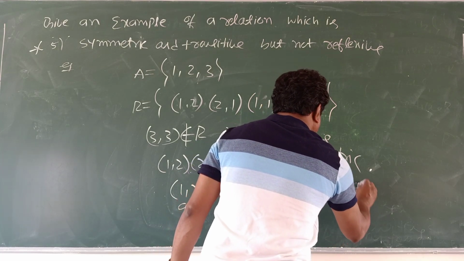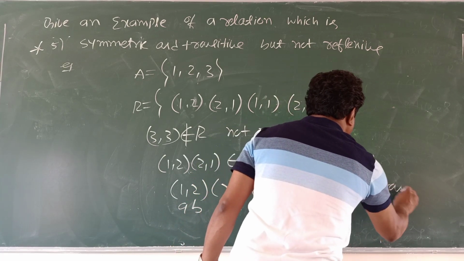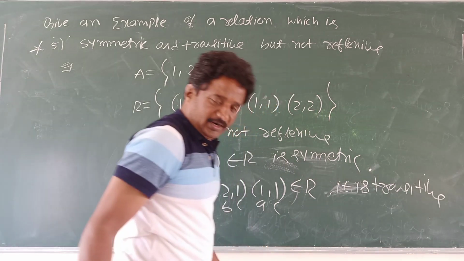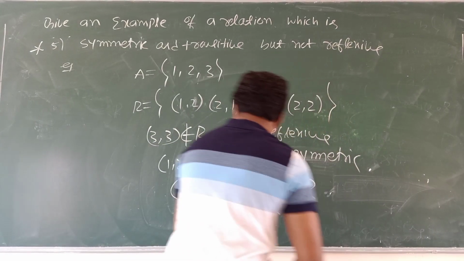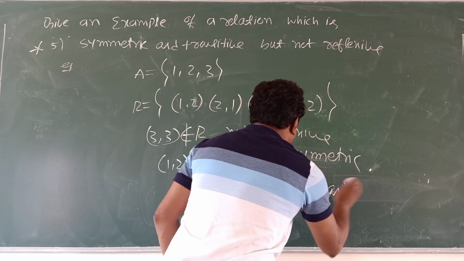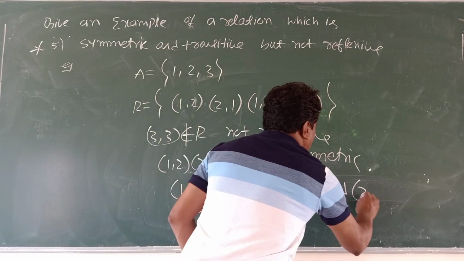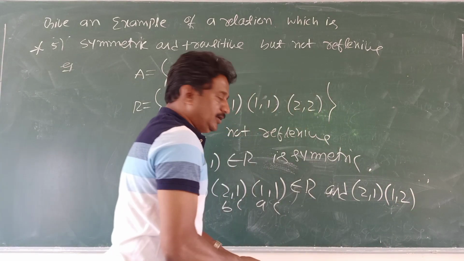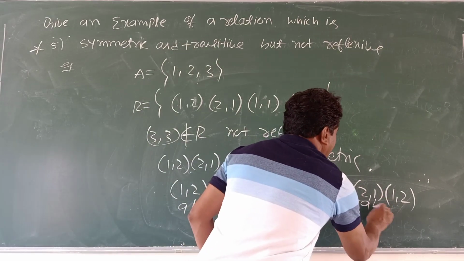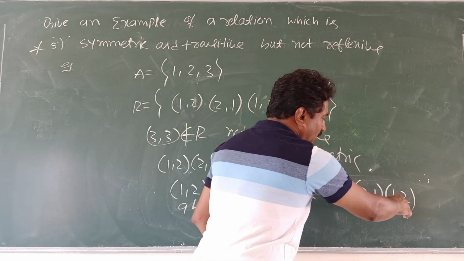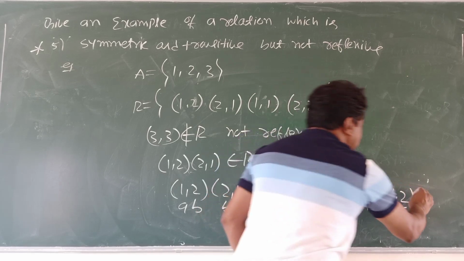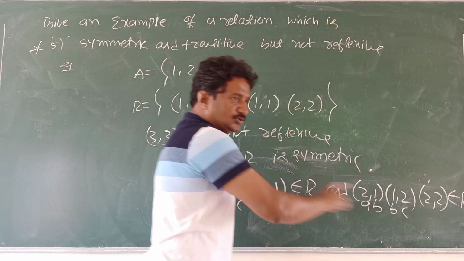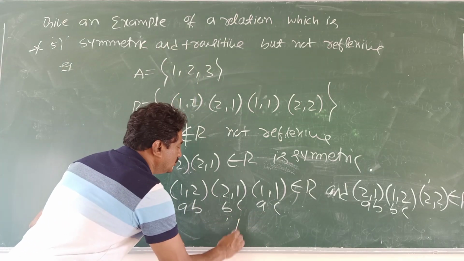If I reverse it, (2, 1), (1, 2) gives (2, 2). That element is also there in R. Therefore R is transitive.